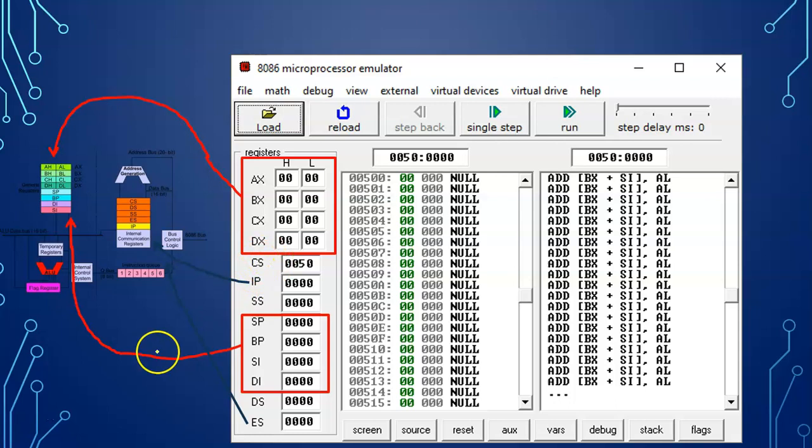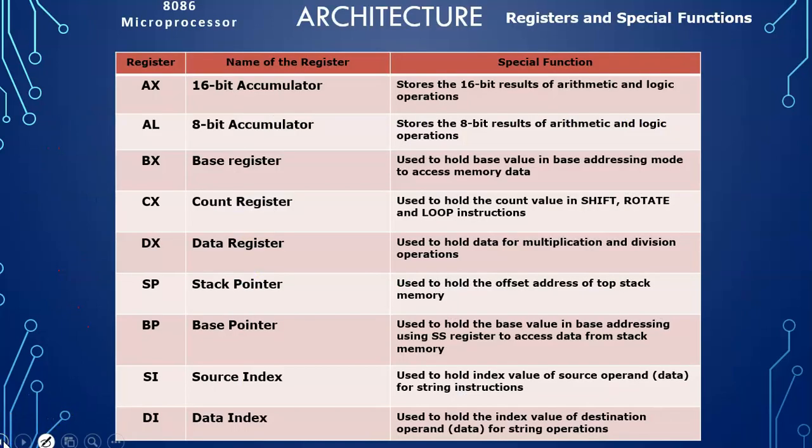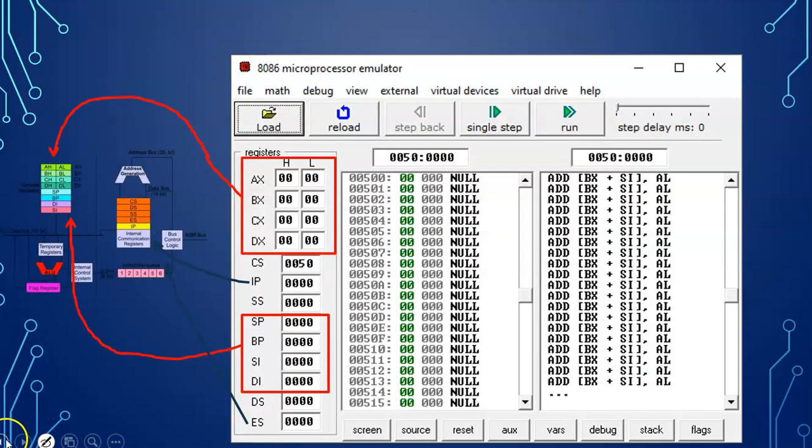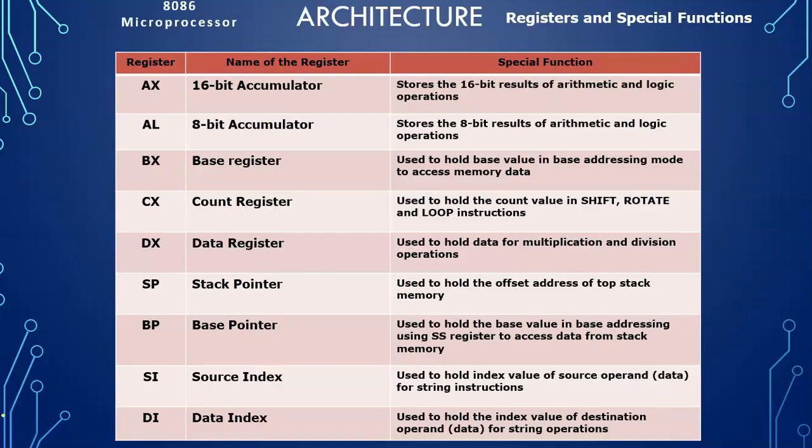CS here. It's not in this slide. You can refer to the books, chapter 3. So we look at CS. CS is code segment. Okay, code segment points to the active code segment. Okay, page 20.